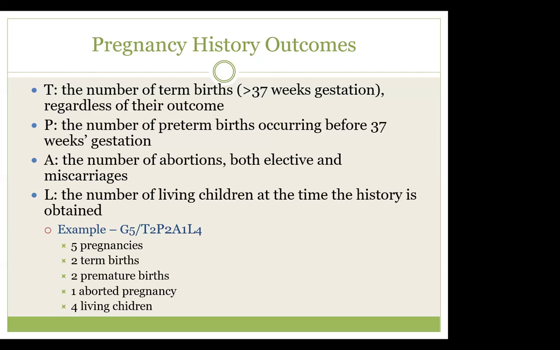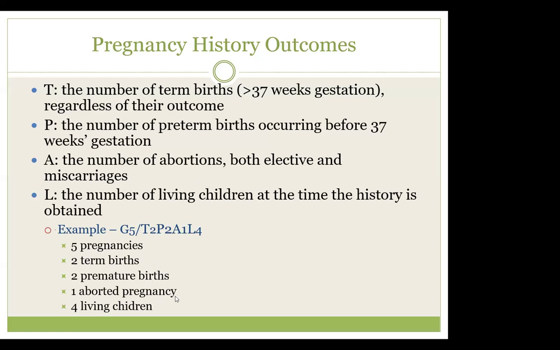P is the number of preterm births. This is before 37 weeks. A is the number of abortions, either elective or miscarriage, doesn't matter. And then L is the number of living children at the time the history is obtained. So this is your example down here. You can see it. G5 is 5 pregnancies. Okay, so that's gravida 5. We have 2 term births, 2 premature births, 1 aborted pregnancy.